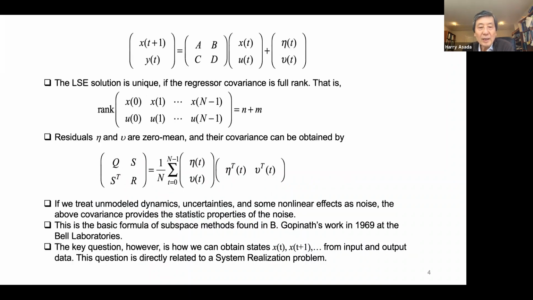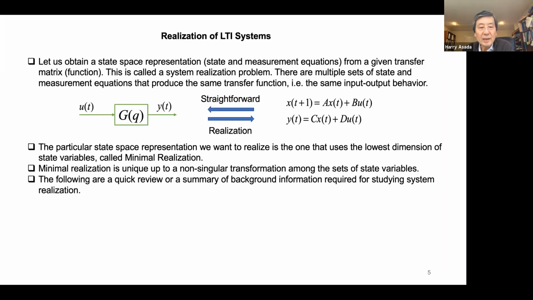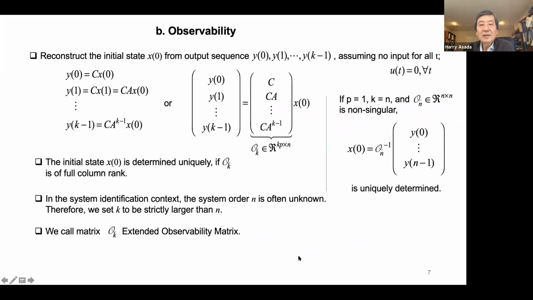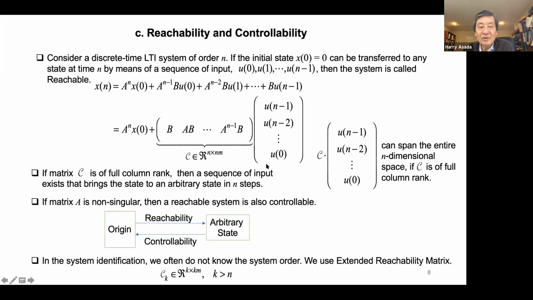So we look at the realizations, and first we look at the impulse response and rewrite this. The impulse response can be determined in relation to the ABCD matrices. And then we did a quick review of the observability matrix and the controllability or reachability matrix, right?